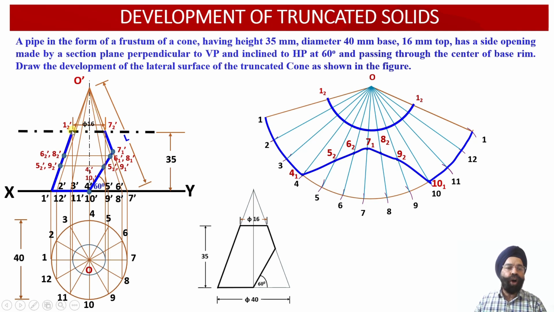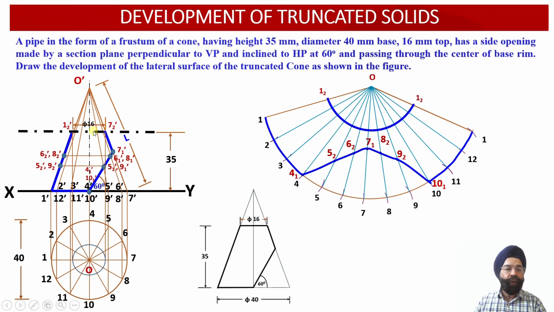Now the true length of the points of intersection will be projected either onto the true length over here, that is alongside 12 dash, or they can be projected alongside the point 72 dash over here. So whatever may be the number of points over here, that is 10 points, they exist corresponding to intersection of the auxiliary inclined plane corresponding to the frustum of the cone with the respective apparent lengths of the generators over here.